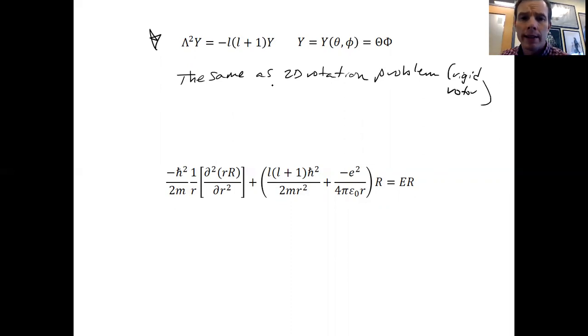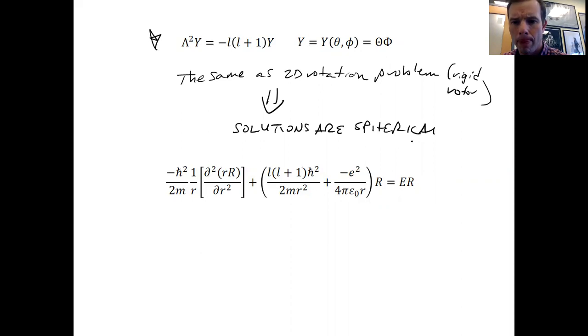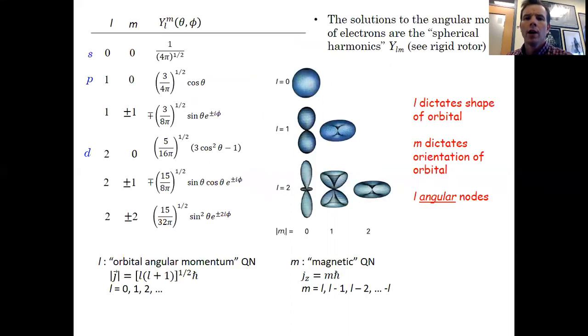And what that means, in effect, is that the solutions are the spherical harmonics. That's why we give it the symbol Y. So in terms of the angular motion of the hydrogen atom wave functions, the solutions are the spherical harmonics.